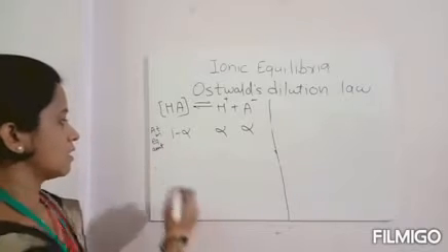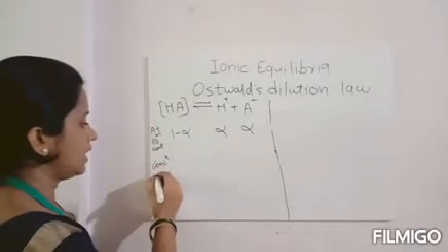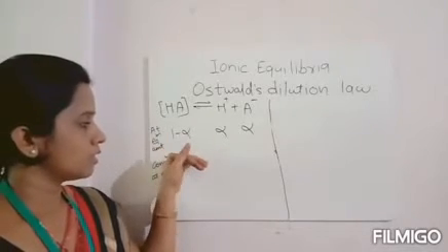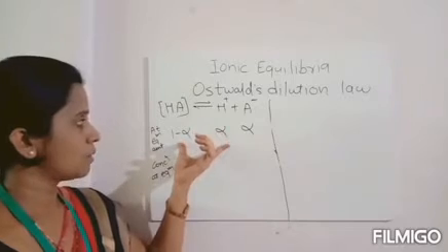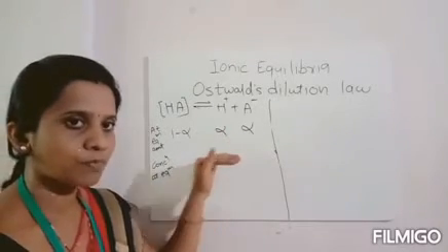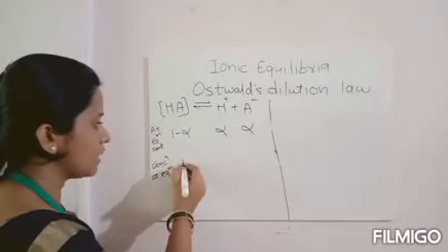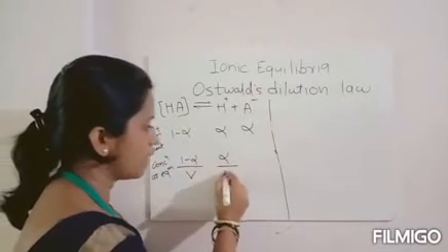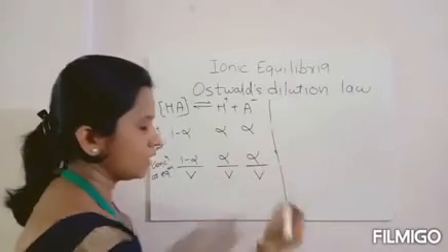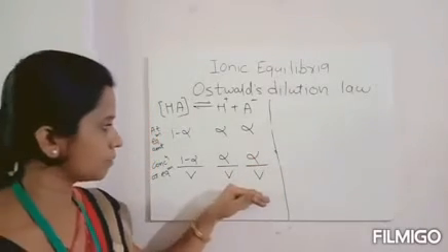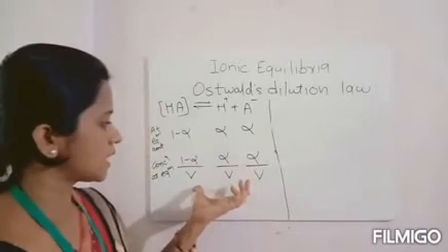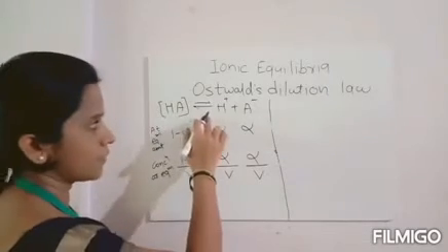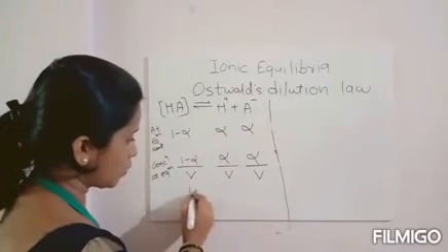Now next, concentration at equilibrium. Concentration means how much amount is present in a given volume. So the concentration at equilibrium will be 1 minus alpha divided by V for HA, alpha divided by V for H plus, and alpha divided by V for A minus. Next step is writing the expression for the dissociation constant.